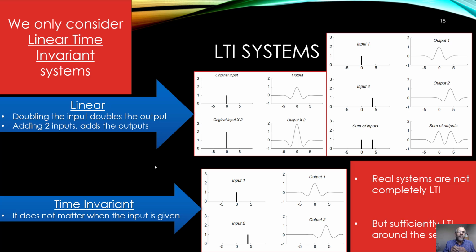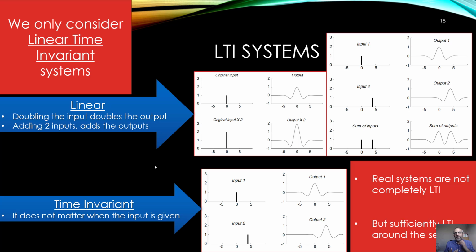But around the set point, so if you want to control your car, let's say at 100 kilometers per hour, then around that set point, let's say between 90 and 110, it is linear enough to be useful. So when I say we only consider linear time invariant systems, I mean that they should be reasonably linear and time invariant. I realize that sounds a bit fake, but it turns out that in practice this is very workable.